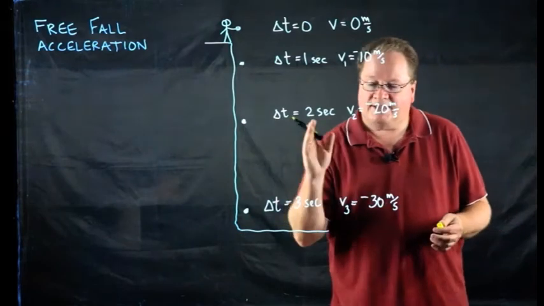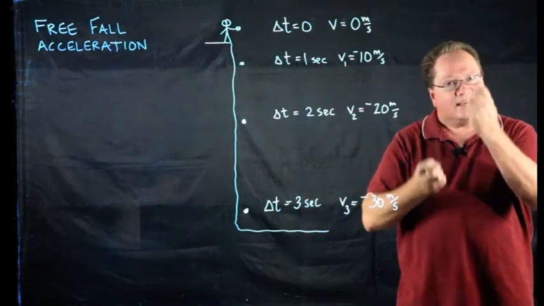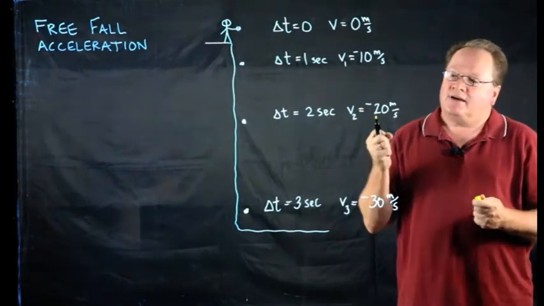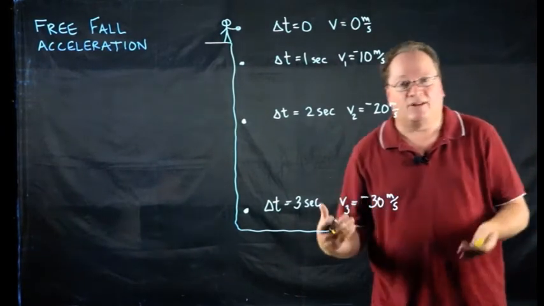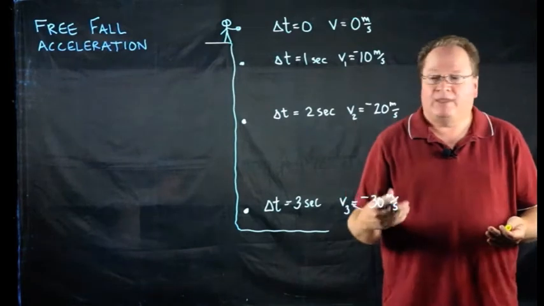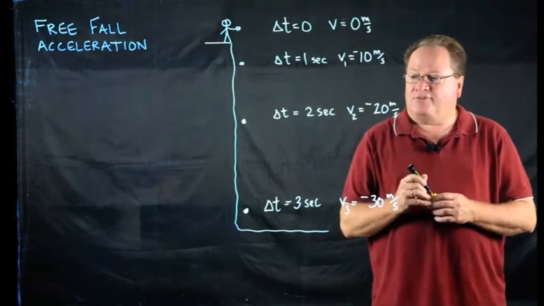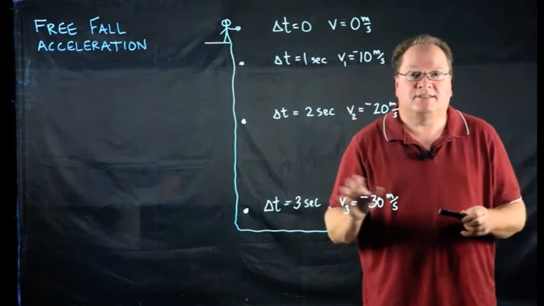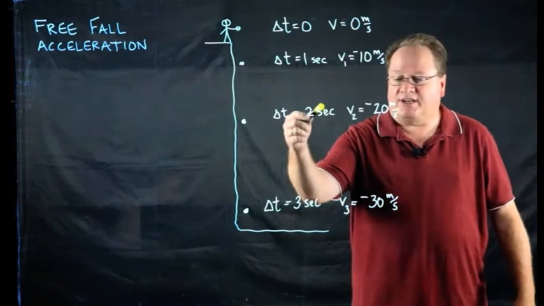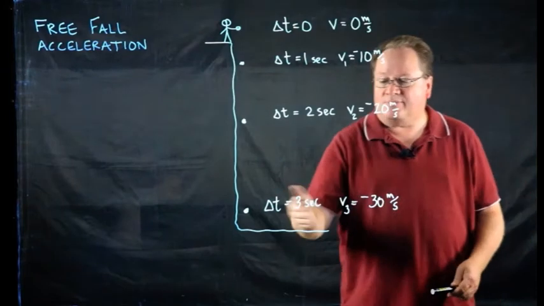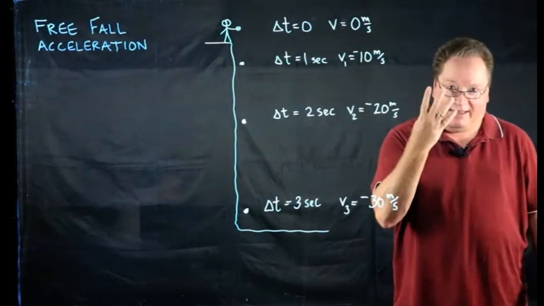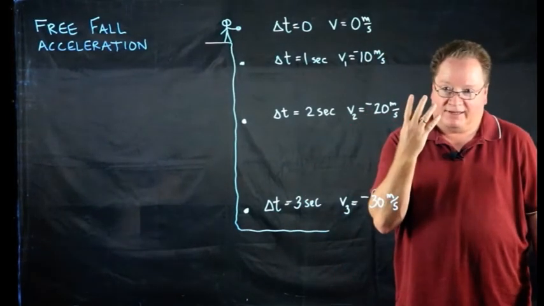This rock is accelerating downward because gravity keeps pulling on it. And so it's going to continue to speed up. It's going to continue to accelerate. Okay? In the absence of any kind of air resistance, this is just going to keep going faster and faster and faster. What do you think it would be after 4 seconds of falling?